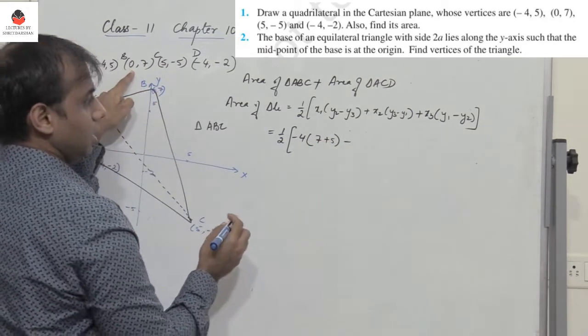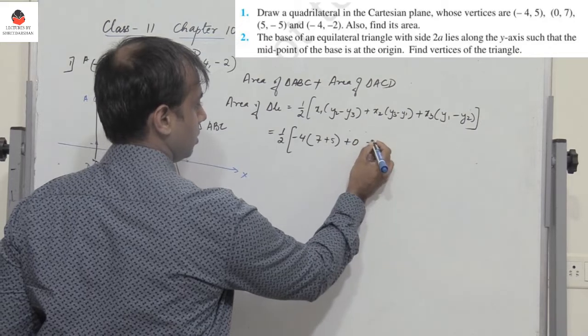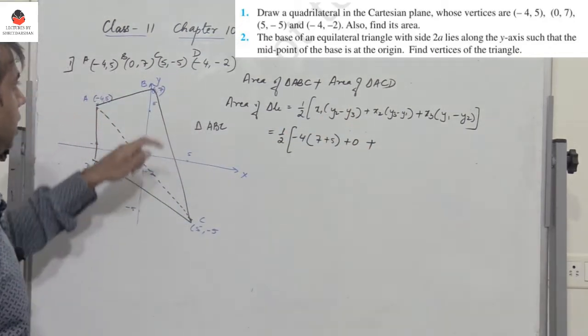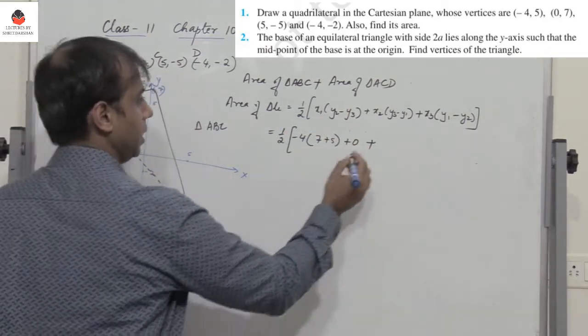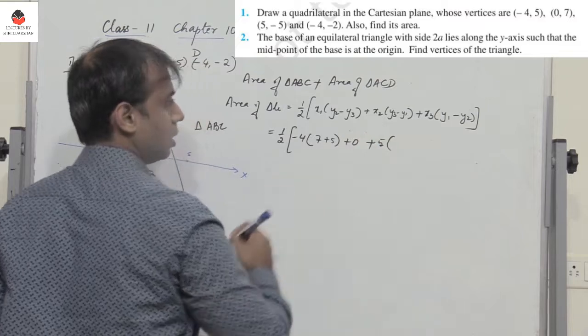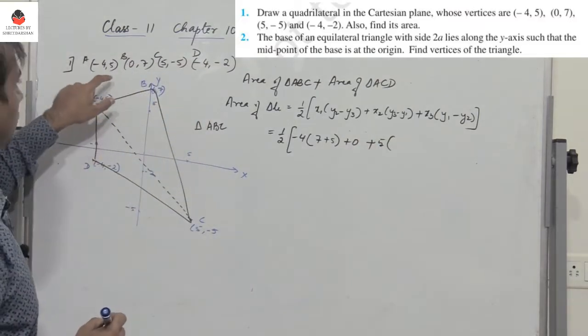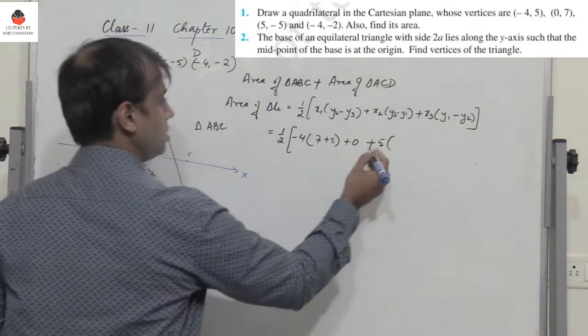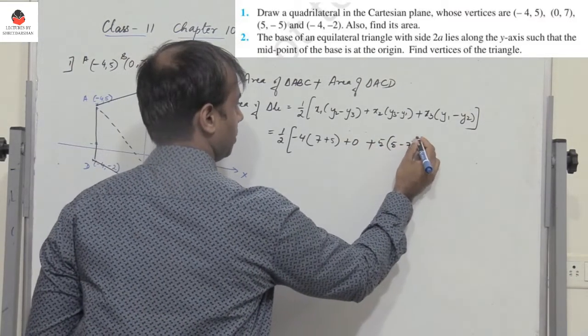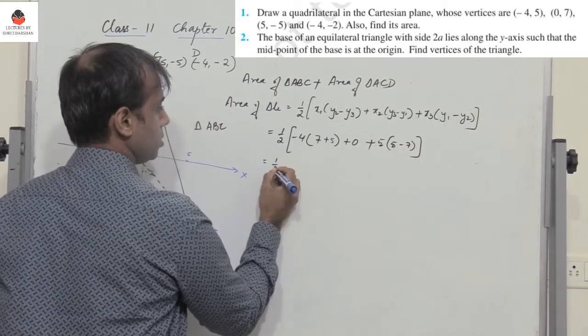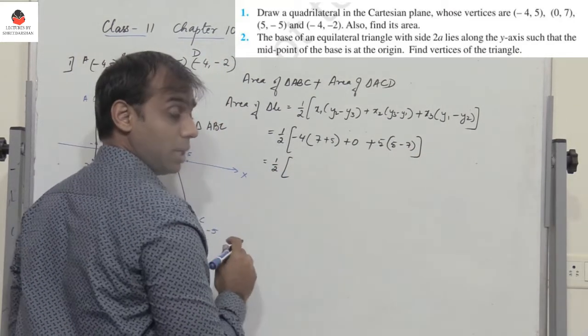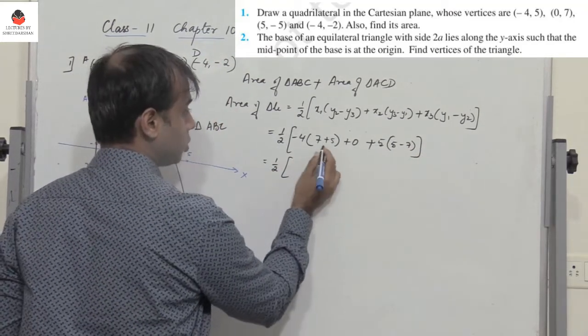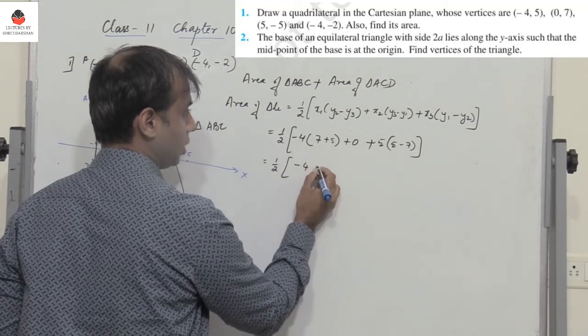Then x2 is 0, so the whole term becomes 0. Then x3 is 5 into y1 minus y2, which is 5 minus 7. So you get half into 7 plus 5 is 12, so 12 into minus 4 is minus 48.